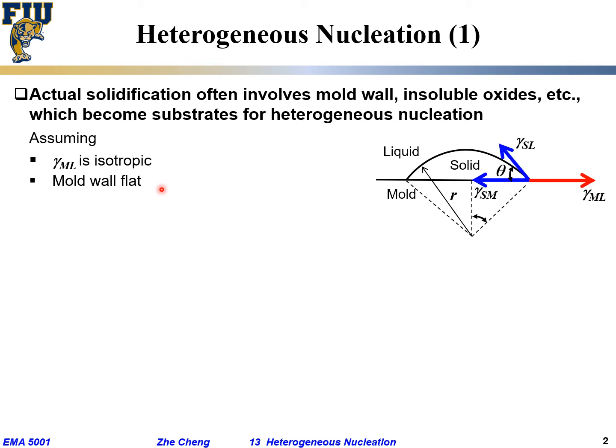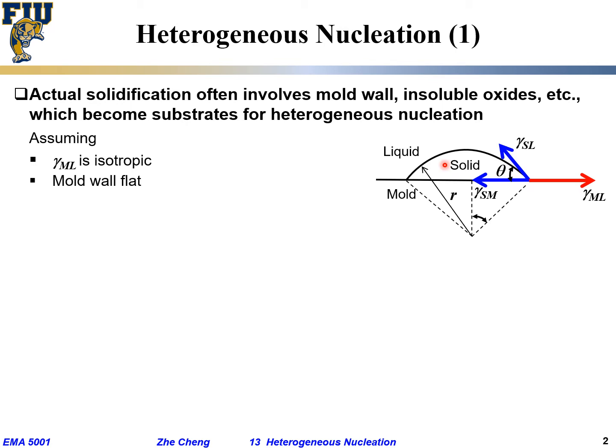Okay, and then there will be several interfacial energy terms, or force terms. One would be between mold and liquid. That interfacial energy is trying to shrink the interfacial area between mold and liquid.